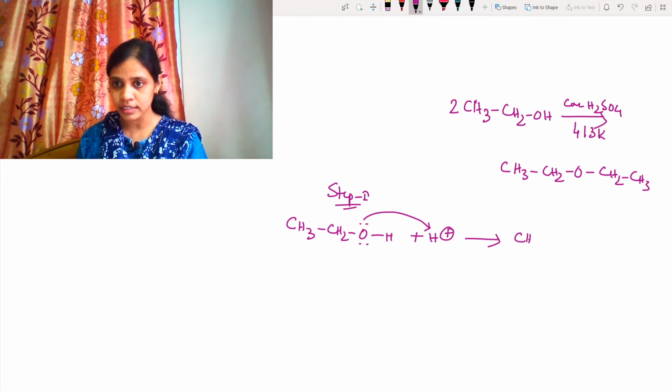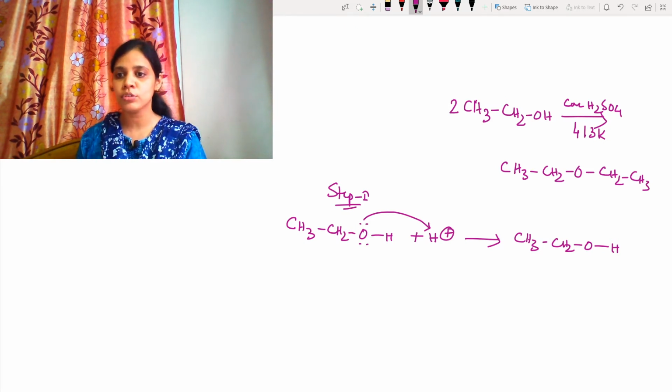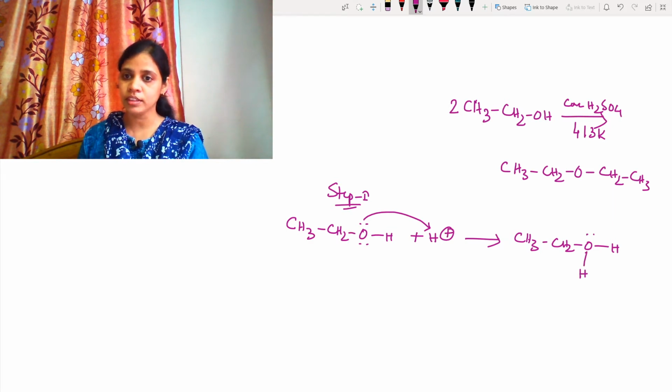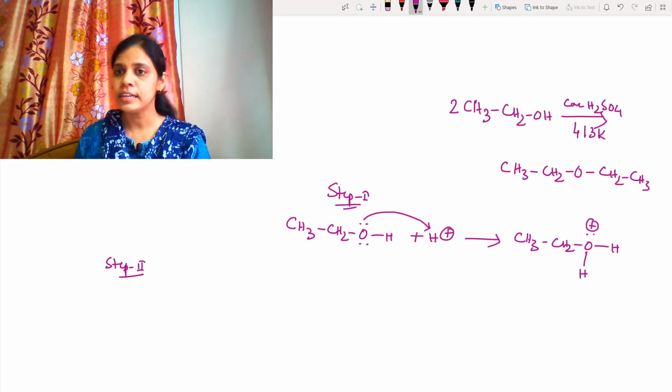So I can write it as CH3CH2OH, as here one lone pair is used for forming the bond, so only one lone pair is present, and there is a bond with the proton and also a positive sign. So in the first step this alcohol is protonated. This is step 1. In step 2, here two alcohol molecules are used, only one alcohol molecule is protonated.